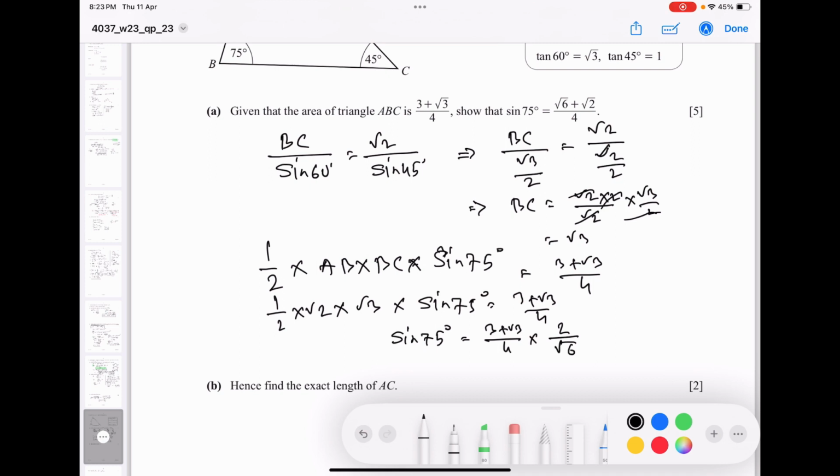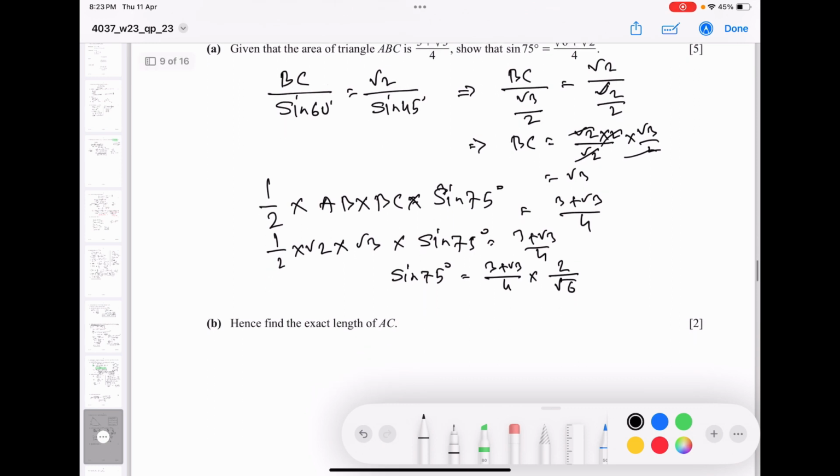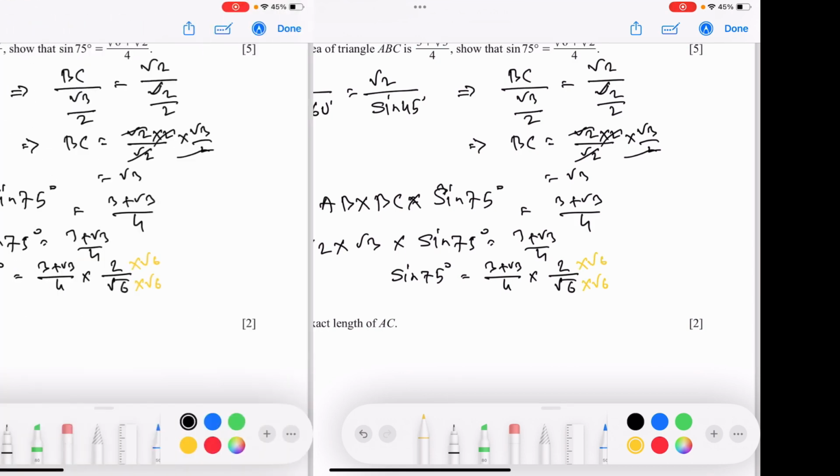Nice. Okay. Let me rationalize this fraction. To rationalize this, we must multiply numerator by root 6 and denominator also by root 6.